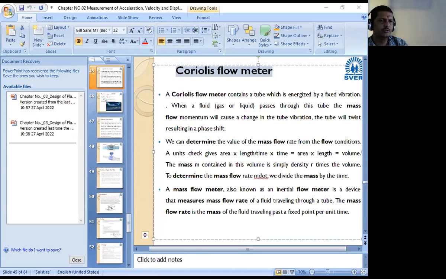A units check gives area into length divided by time into time is equal to area into length is equal to volume.